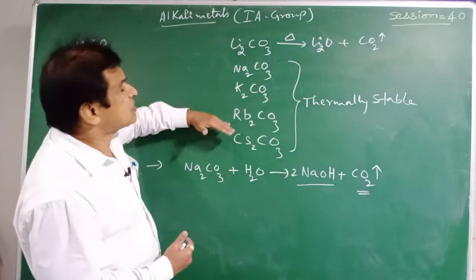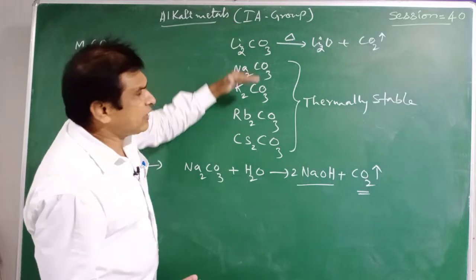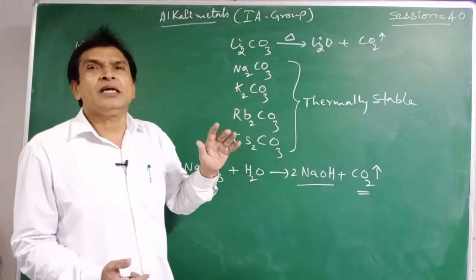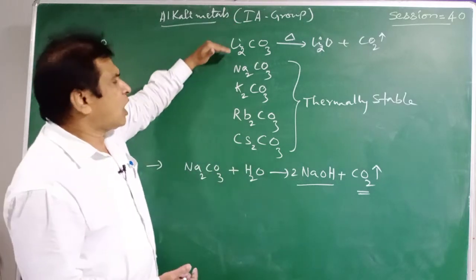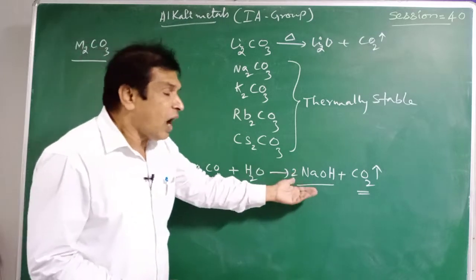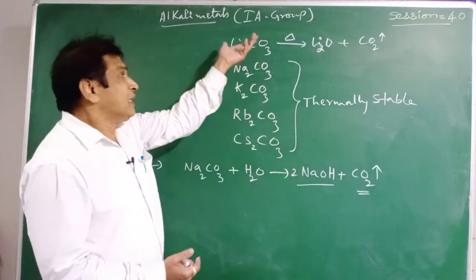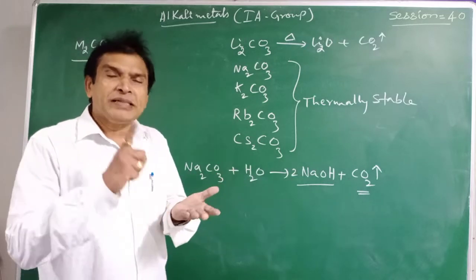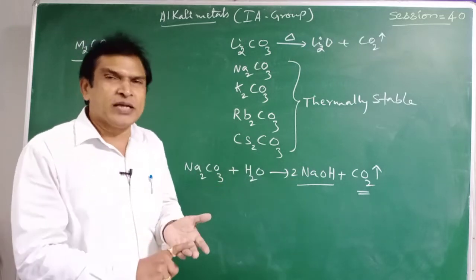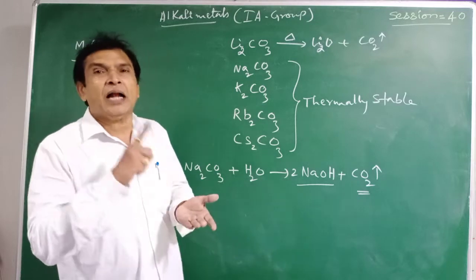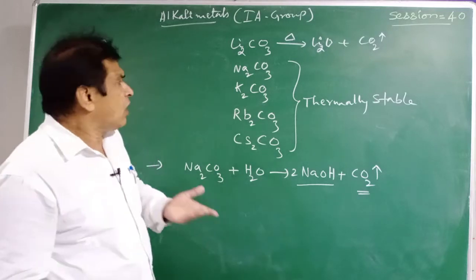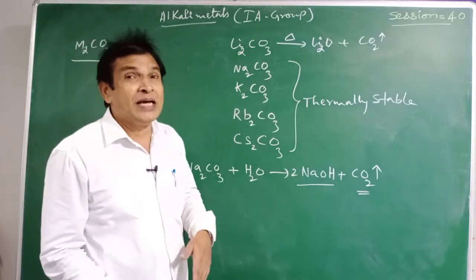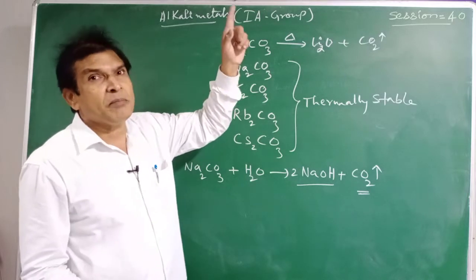So what is the nature of these carbonates in aqueous solution? All these carbonates produce alkali solutions, therefore their nature is basic. Metals, metal oxides, metal hydroxides, metal carbonates and metal bicarbonates are all basic in nature. That is why they are called alkali metals.